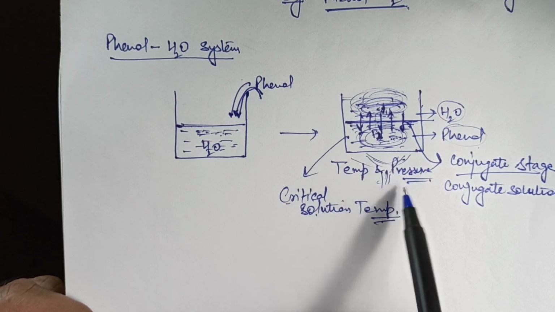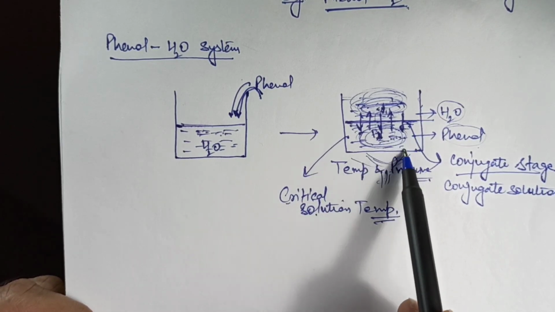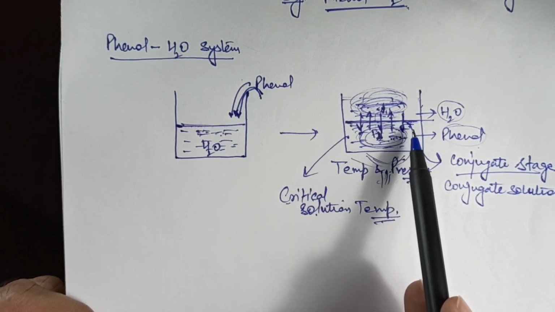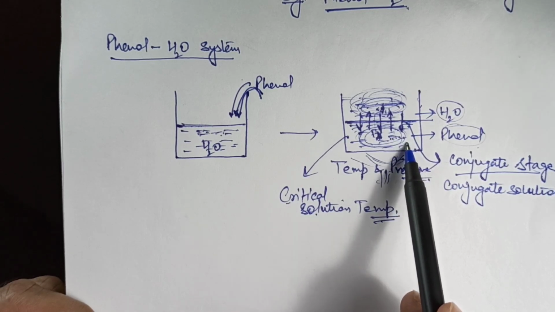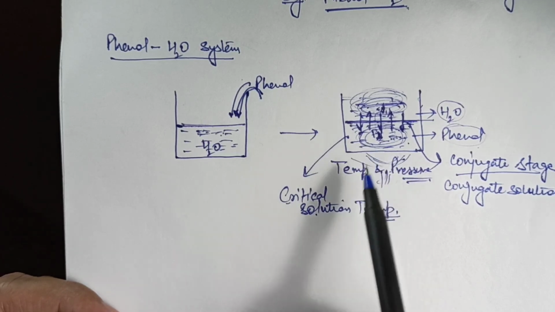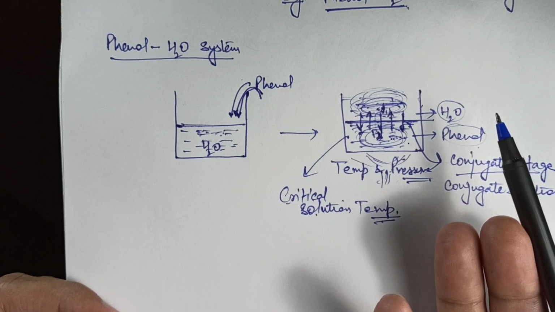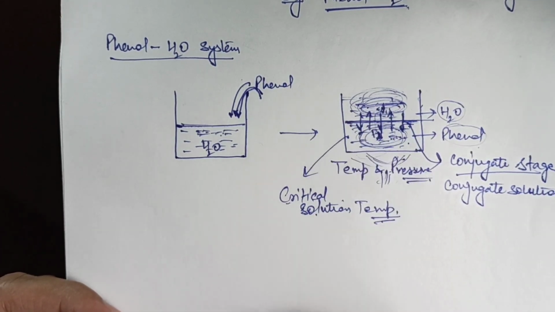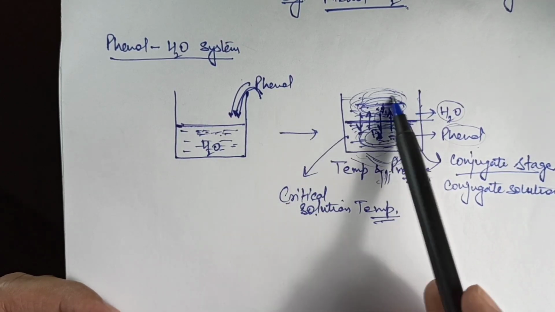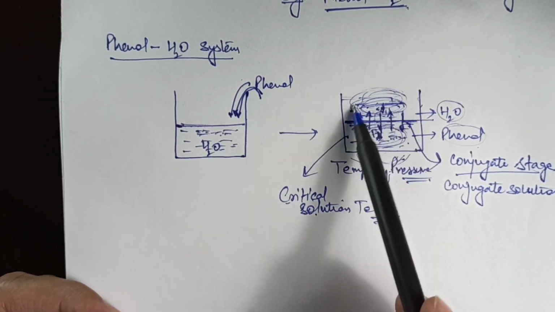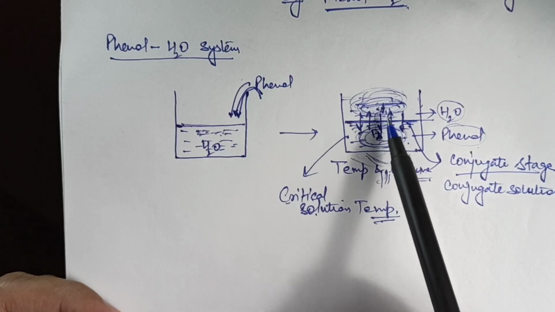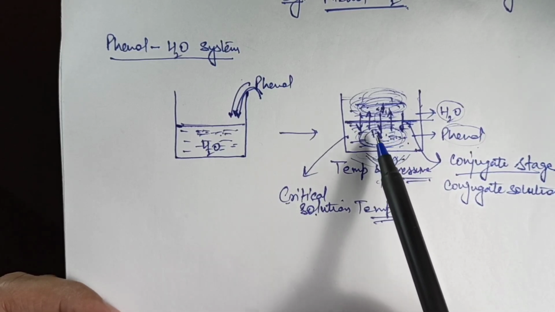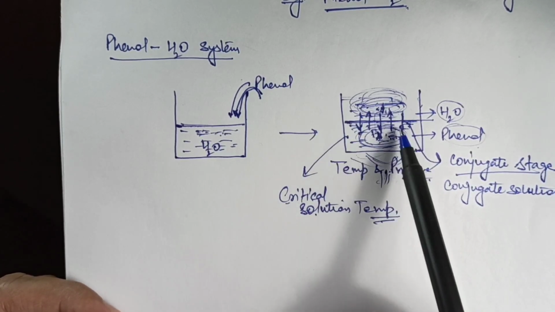Okay, and depending upon the nature of the liquids, the two liquid layers may become completely miscible either at a temperature lower than the ordinary temperature or at a temperature higher than the ordinary temperature. Means either by cooling the solution. Okay, there are so many examples in which the two layers which are initially partially miscible with each other become miscible if you lower the temperature of that system.